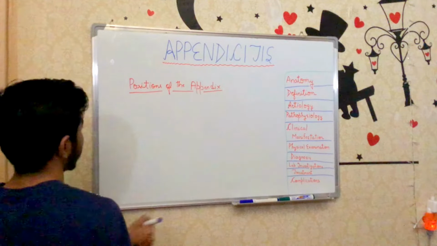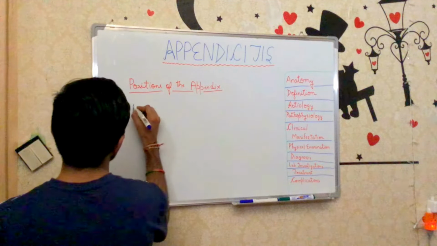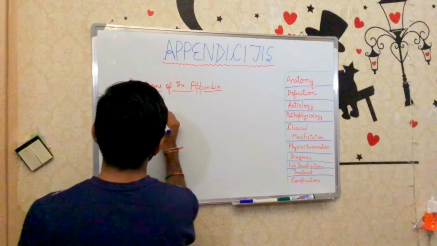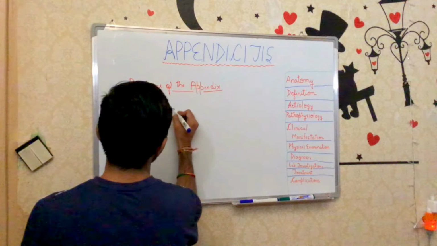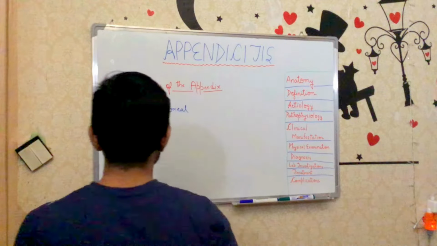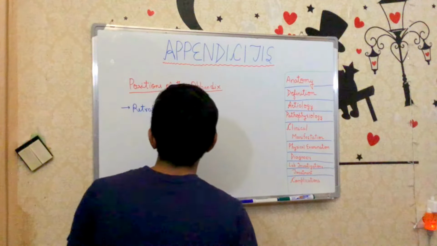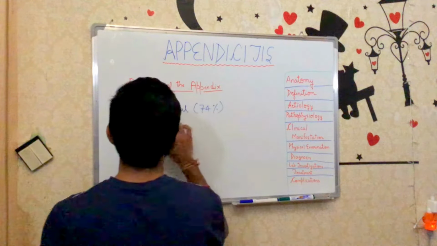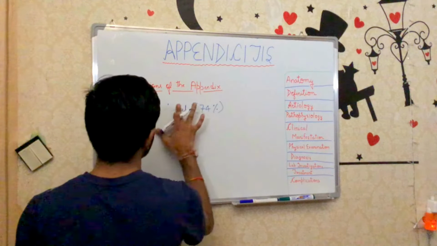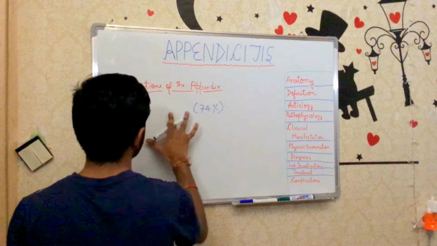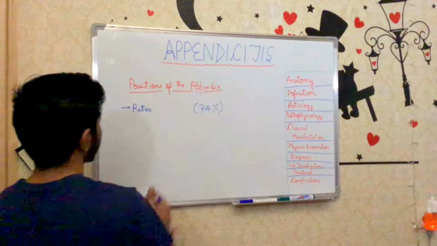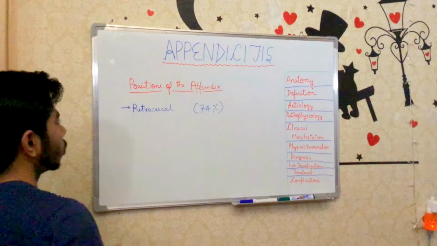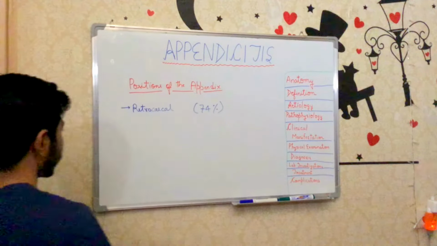For example, the most common one is the retrocecal, which is exactly behind the cecum. In 74% of people, the retrocecal position is there as far as the appendix is concerned.